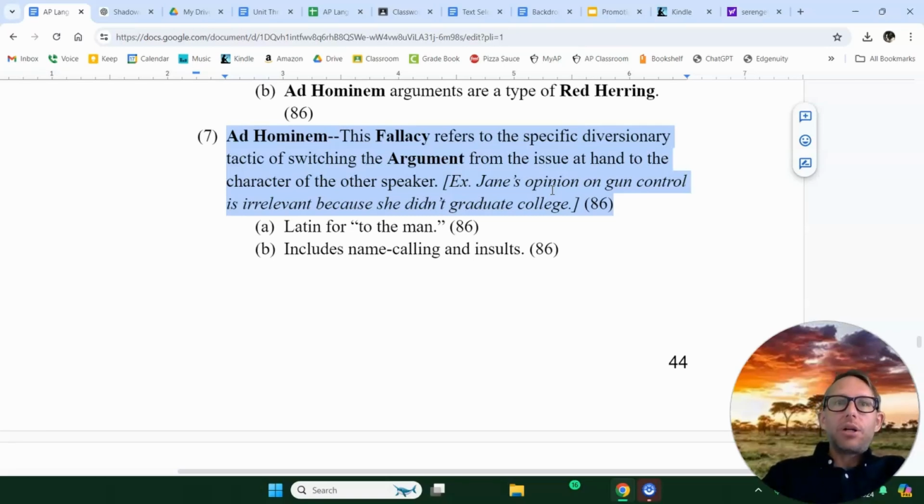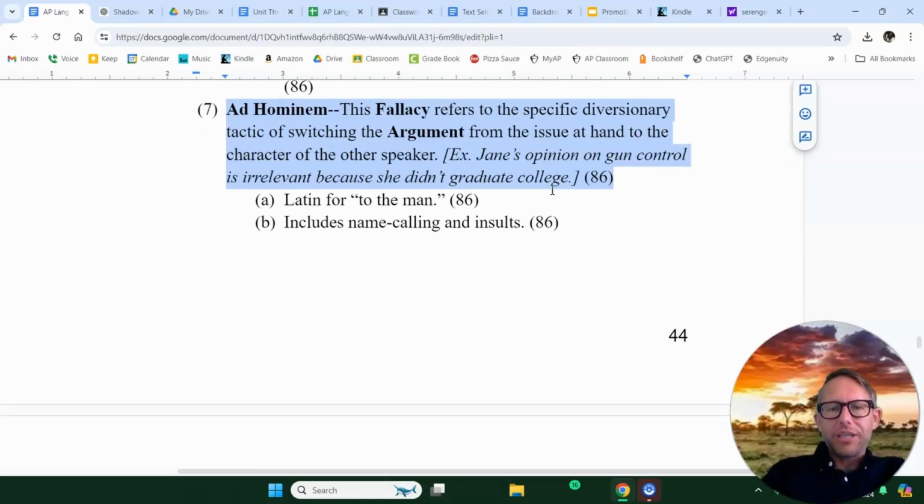You might say that someone who has graduated college might have more value to their opinion than someone who doesn't, especially if maybe she majored in something like criminal justice or political science, things of that sort that might make her more predisposed to understanding gun control. But the mere fact that she didn't graduate college has no basis on whether her opinion is relevant or irrelevant to gun control. So you're attacking her, you're not really attacking the issue.